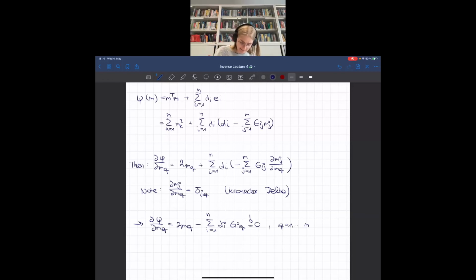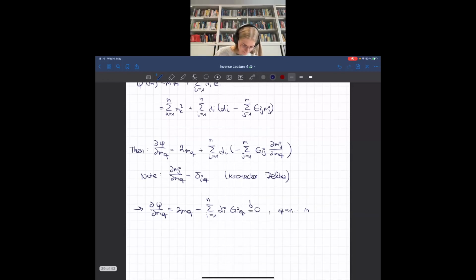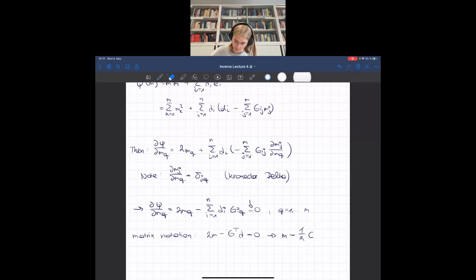We can write it down in matrix notation. So we have 2m minus G transpose times lambda is 0. And therefore, m is 1/2 G transposed times lambda. Okay, this was written a bit ugly, sorry about that.